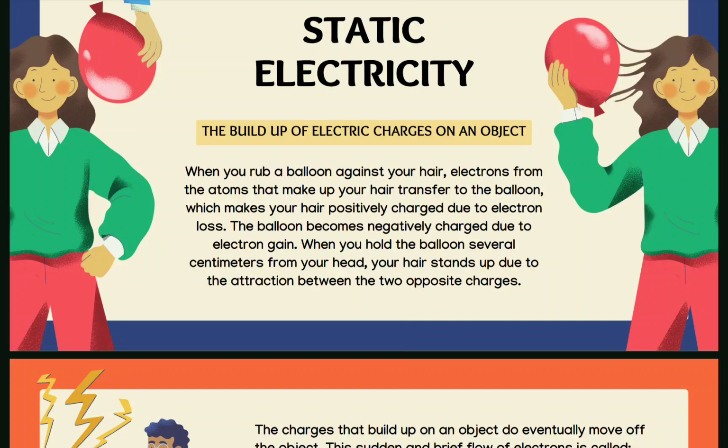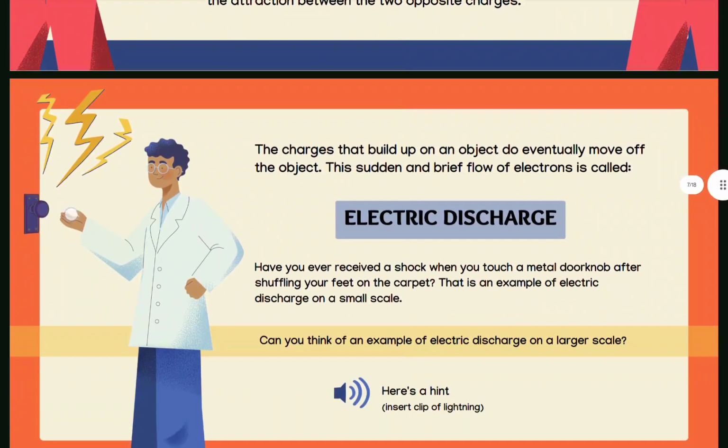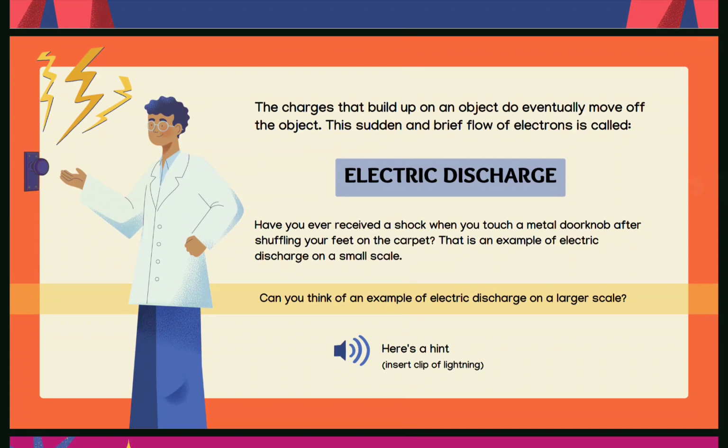When you bring that negatively charged scale close to small bits of paper, the paper automatically attracts. Why? The paper has a positive charge, and the scale, which is neutral at first glance, becomes negatively charged when you rub it against your head. So opposites attract. Got it or not?